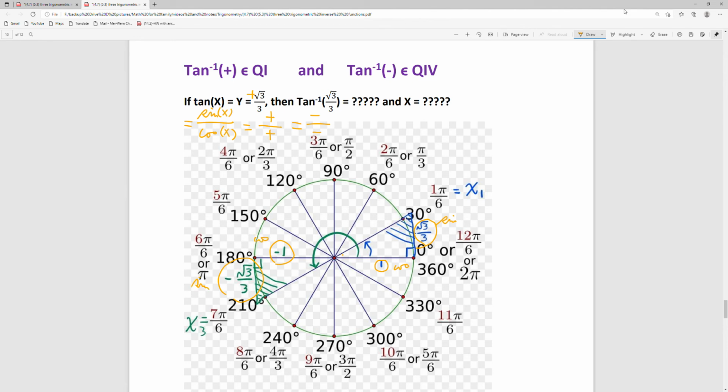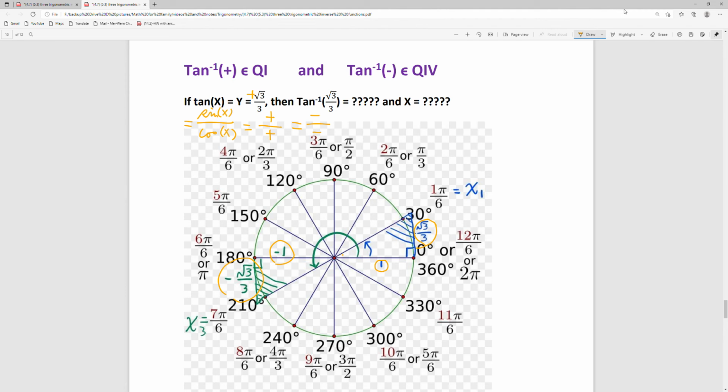Roughly, not exactly the sine and cosine value. I suppose to say y over x.